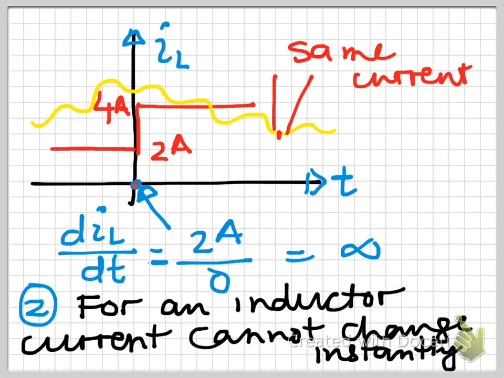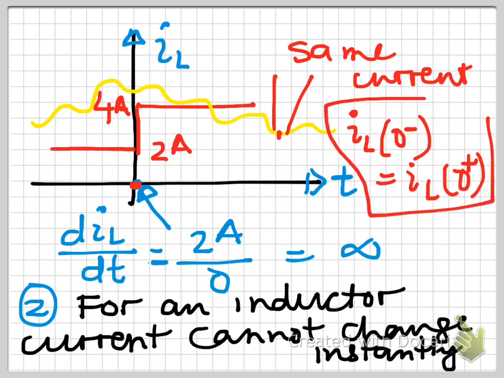So if you compare with respect to 0, for an inductor, it's a very important point: IL at 0 minus equals IL at 0 plus. If you remember, for a capacitor this was true for voltage. Now we're talking about an inductor. And the third important point about the inductor is that an ideal inductor does not dissipate any energy. The same is true for the capacitor.